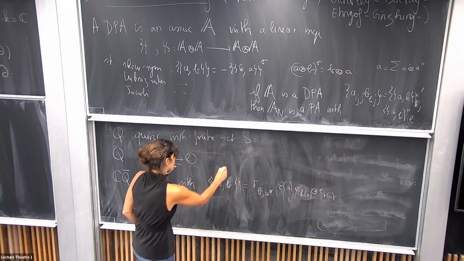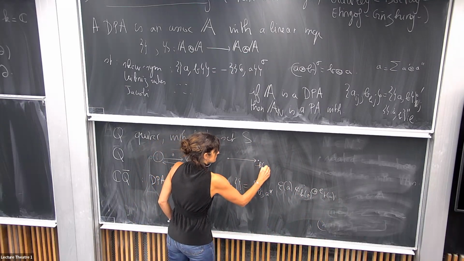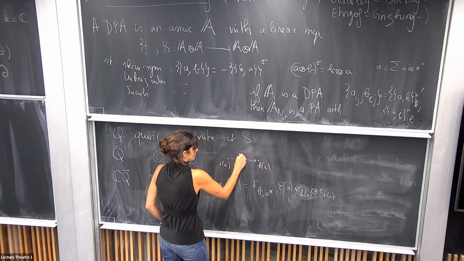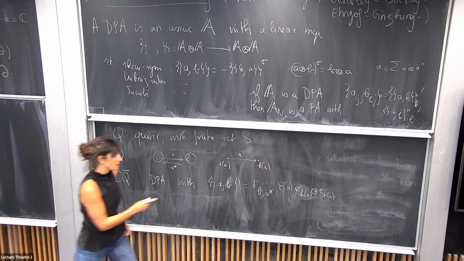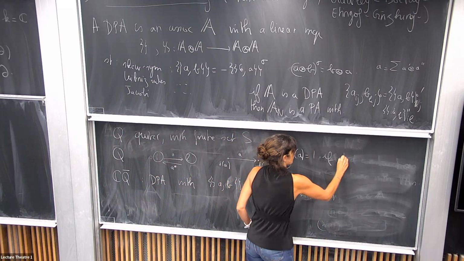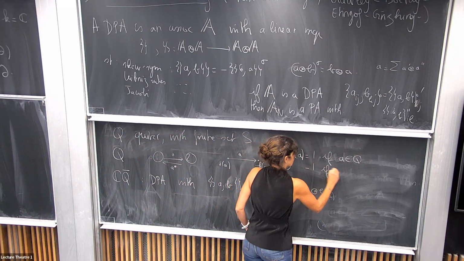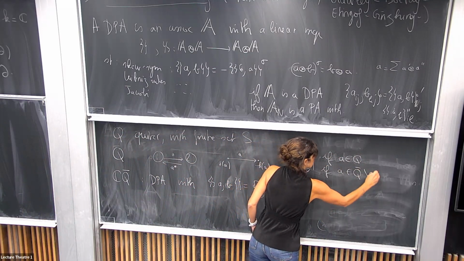First of all, here I write this as the head and this as the tail of my arrow, and epsilon is the map which is 1 if a belongs to the original quiver, and -1 on the other side.